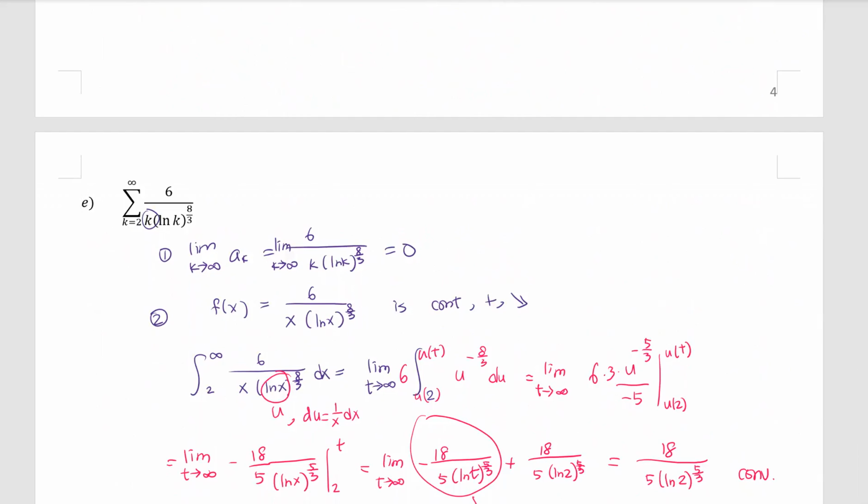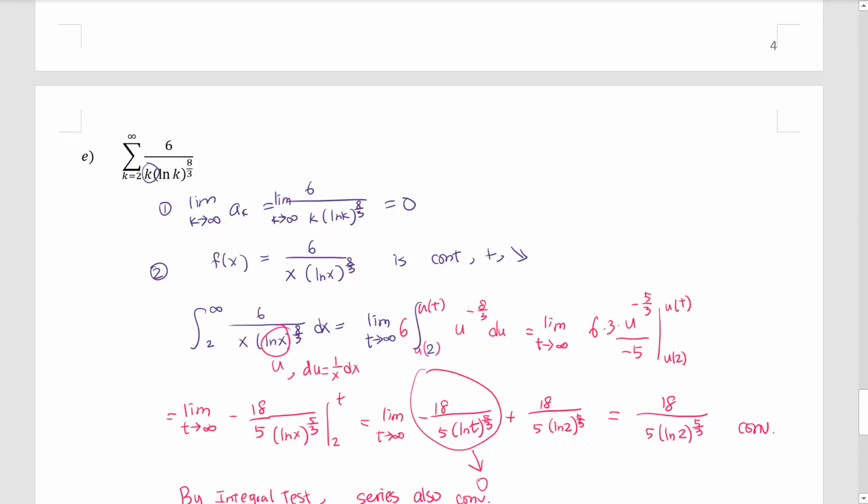If the u lives in the numerator, when t goes to infinity, then it just becomes infinity. But when the u goes to the denominator, when t goes to infinity, the whole term will go to 0.